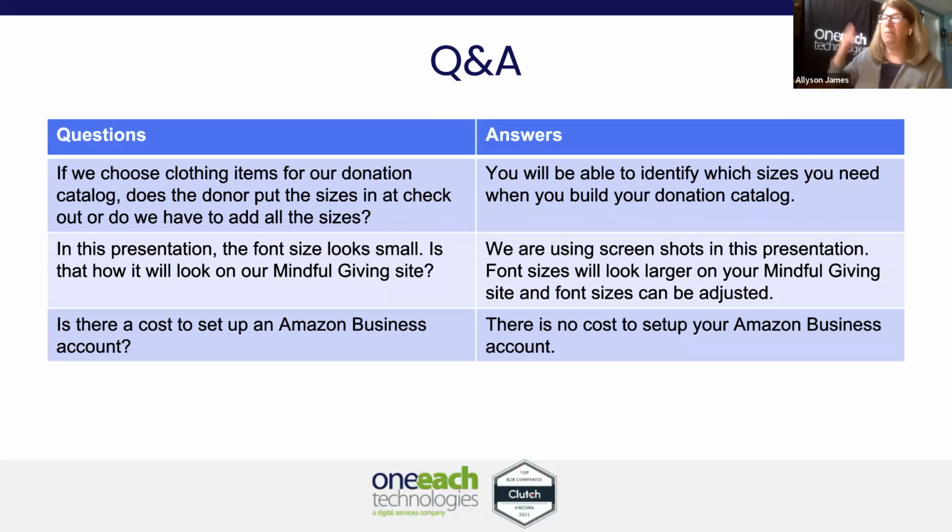So clothing, that's a frequent thing on mindful giving, like we need coats. So what if you need different sizes or you need different things? You will be able to pick out the sizes and the colors, but you're going to pre-select the ones that you want to have in your cart. So you do identify that as part of your process.